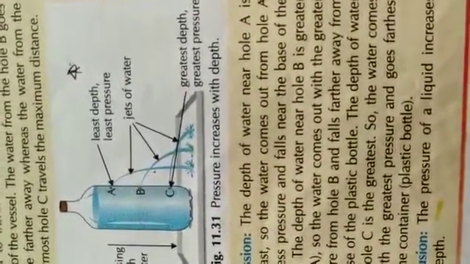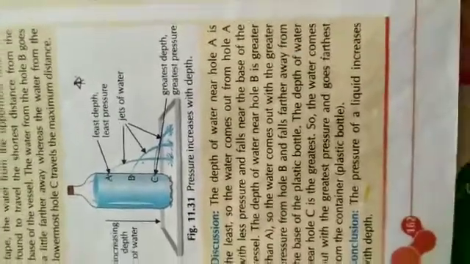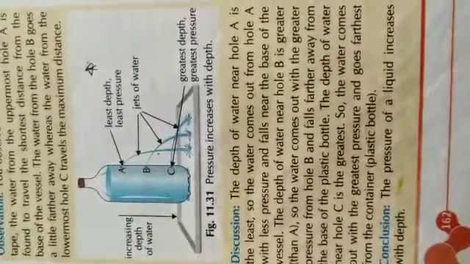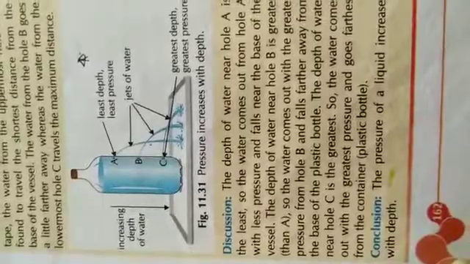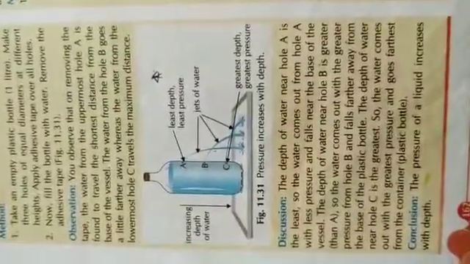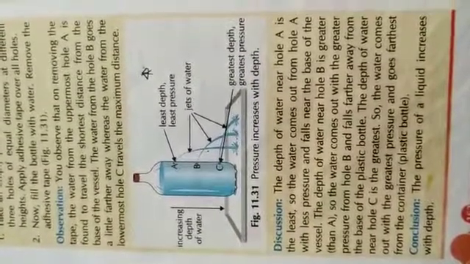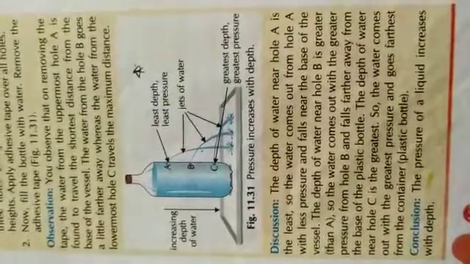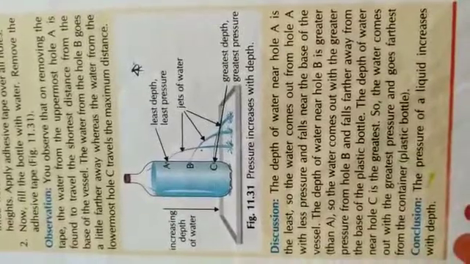When you see hole B, the depth of the water near hole B is greater than A, and so the water comes out with greater pressure from hole B, and it falls a little farther away from the base of the plastic bottle. When you see hole C, the depth of the water is greatest, and so the water comes out with the greatest pressure and goes farthest from the container.